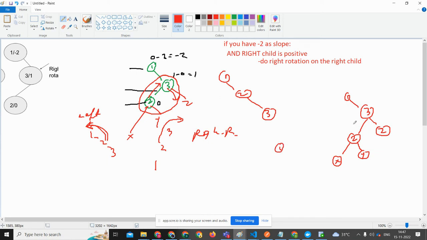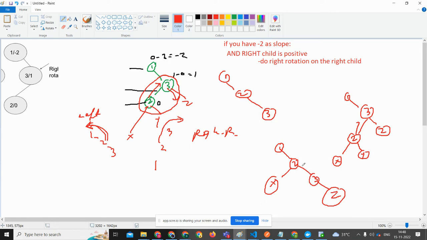So this 2 will get promoted and 3 will go on the right, correct? Yes. 2, 1, 3. Whatever is on the right of 2 is z. On the left of 2 you have x and y.